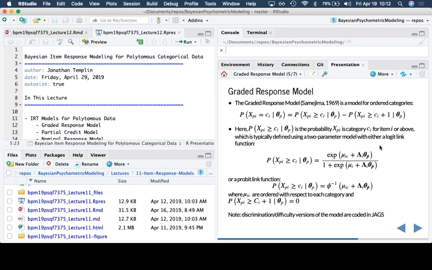In multidimensional models, you typically find the slope-intercept form. For the unidimensional models we're going to do today, we're actually going to use discrimination and difficulty, because I had multimodality that I couldn't solve otherwise, and so I was able to fix things. So, questions, comments? All right, let's go model.